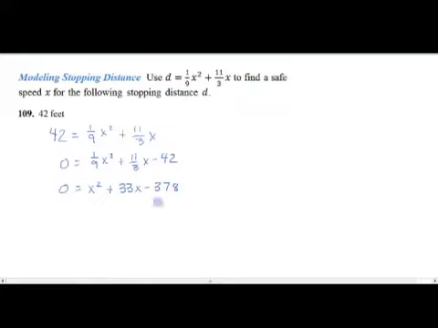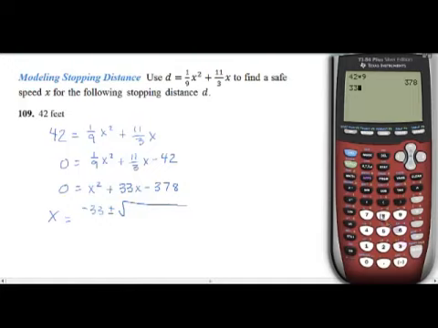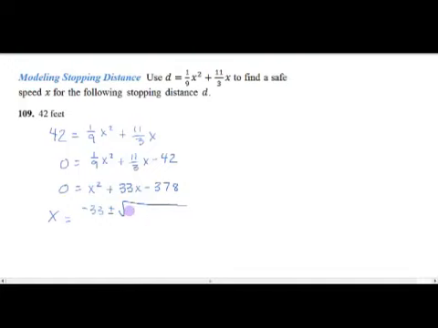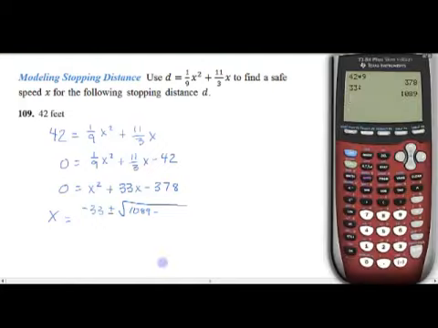Now I want to put this into the quadratic formula. So x is negative b plus or minus the square root of b squared. So 33 squared is 1089 minus 4 times 1 times negative 378.